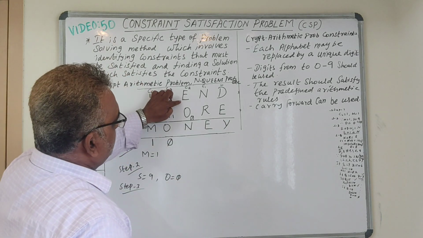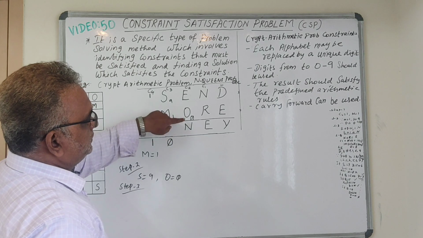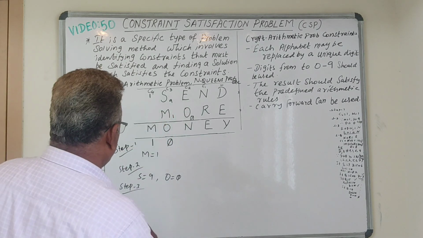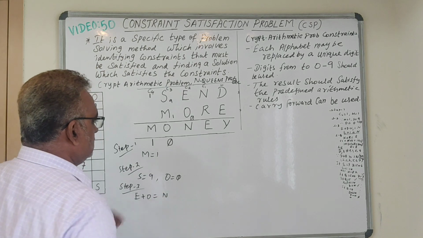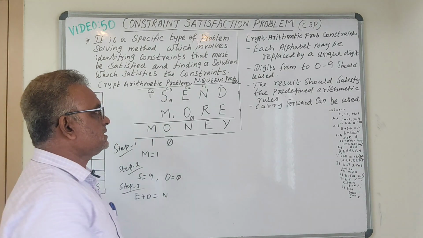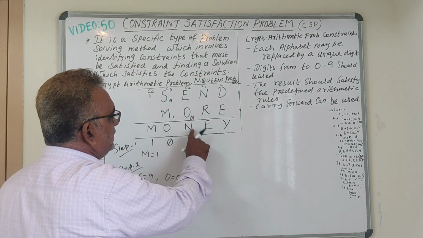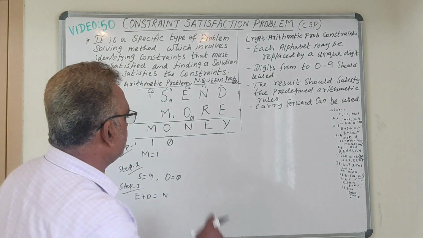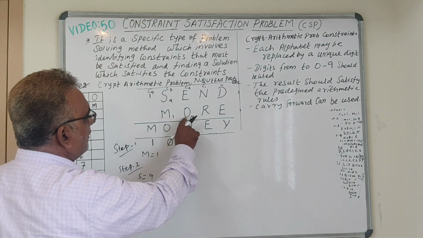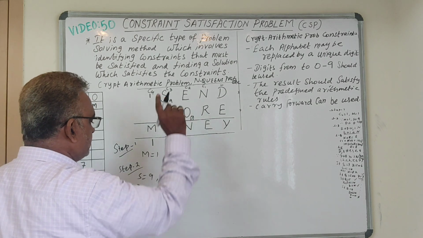Step 3: E plus 0, because O is 0, so E plus 0 is equal to N. It is not possible because the value of E just comes to N, since O is nothing but 0.